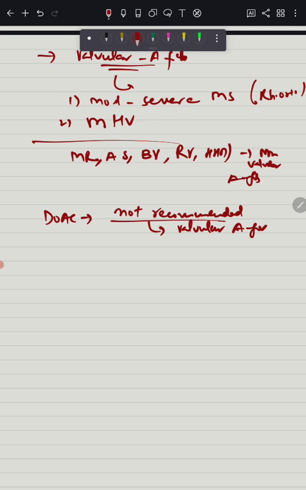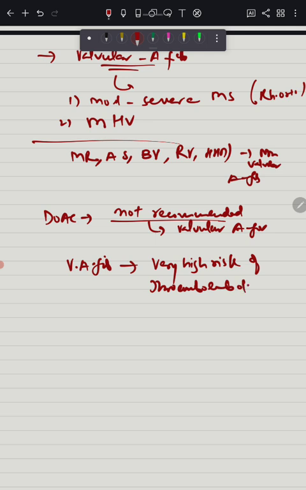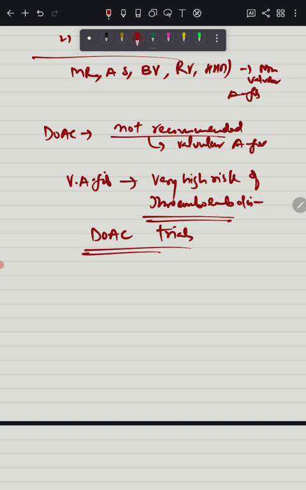These valvular AFib patients have a very high risk of thromboembolism, and that was not adequately studied in DOAC trials, direct oral anticoagulant trials. That is why we don't recommend them. So the preferred anticoagulant is warfarin with an INR target of 2 to 3, sometimes 2.5 to 3.5 for mechanical heart valves. So let's frame a question.